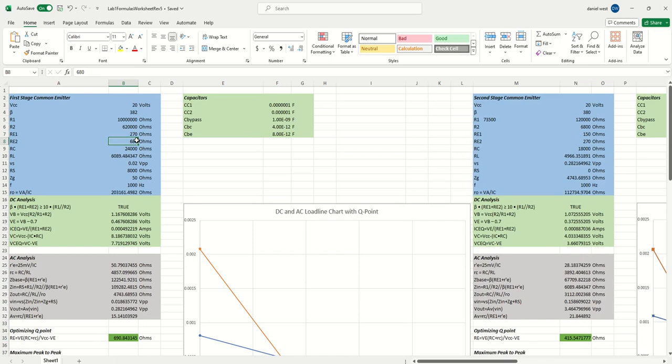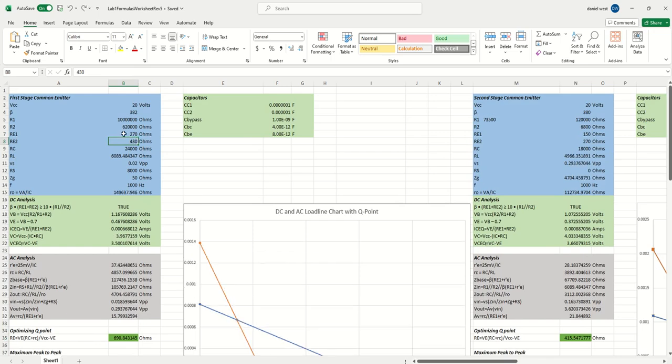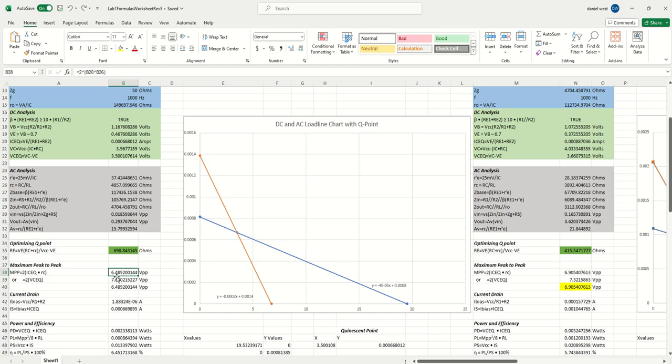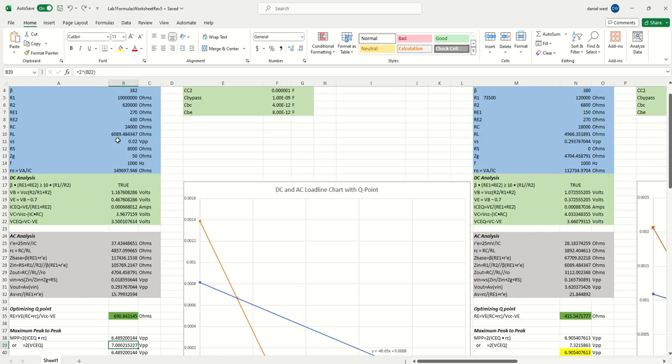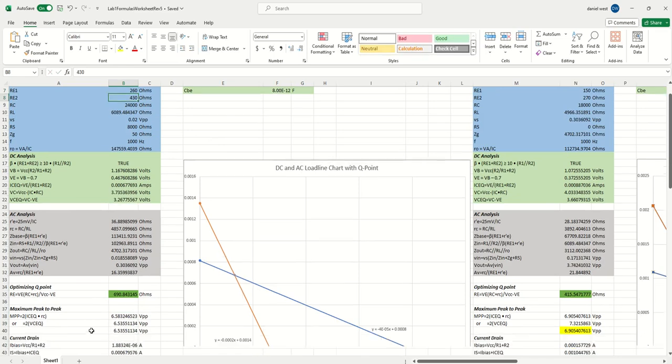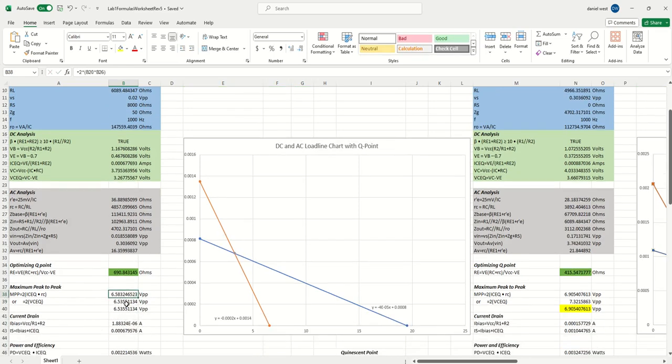And just to go back, you could see that what I used for mine was actually 700, and so I came up with about 6.5 and 7. But if I did do 690, these two get even closer. So there was a little bit more wiggle room I could have gotten out of my max peak to peak.